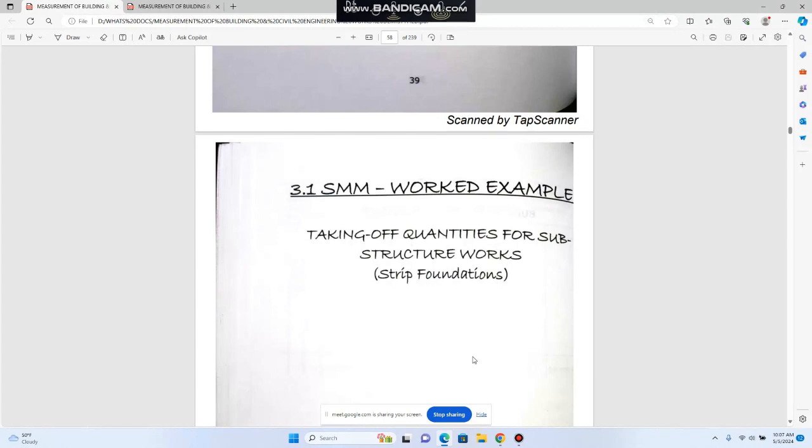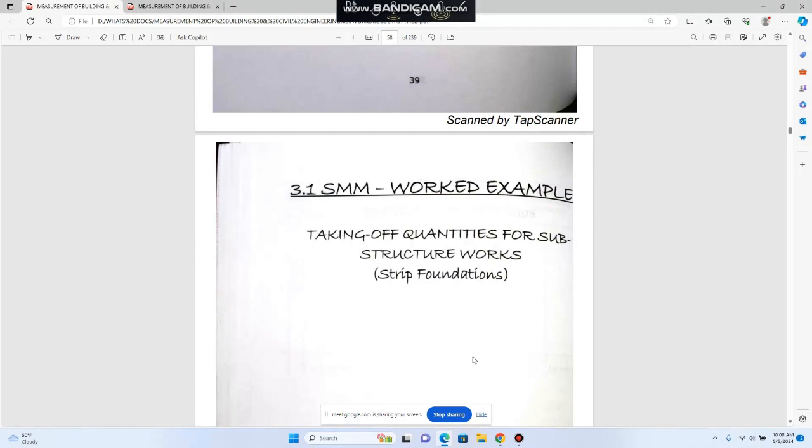What we were doing was the theoretical introduction. But as we continue, you'll understand in detail what the rules of takeoff are, and what taking off really entails. So today we'll be dealing with taking off substructure works.